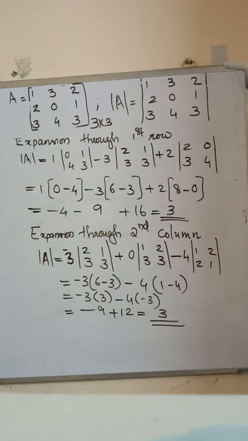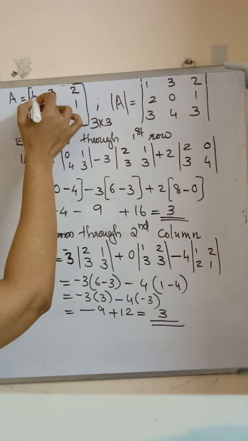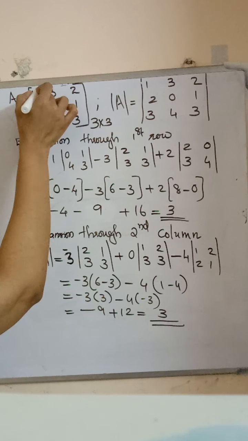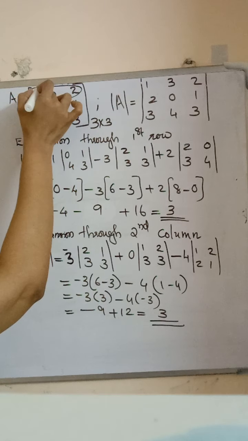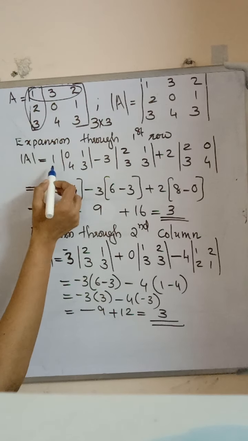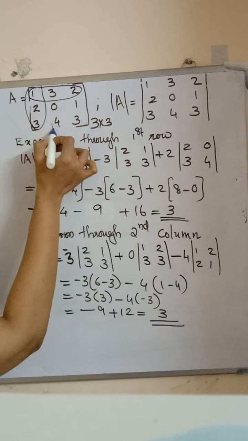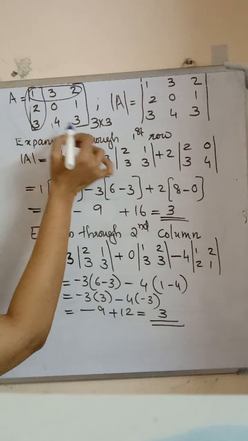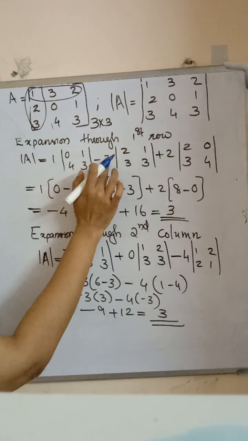Here determinant A equals 1 into, deleting the row and column 1 belongs, determinant 0 1 4 3.